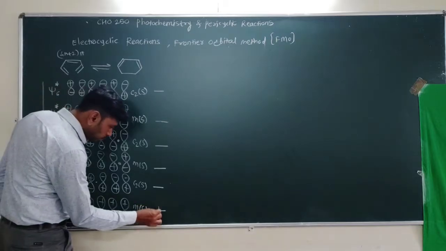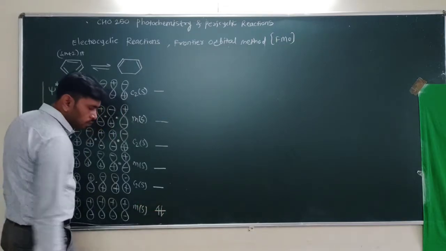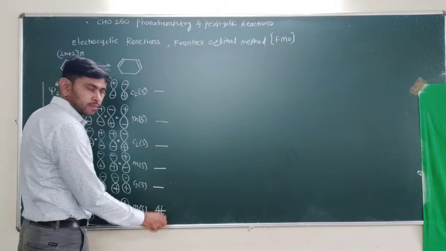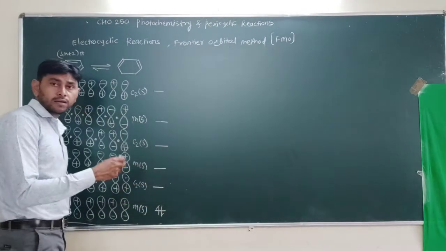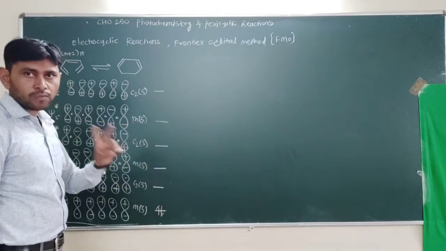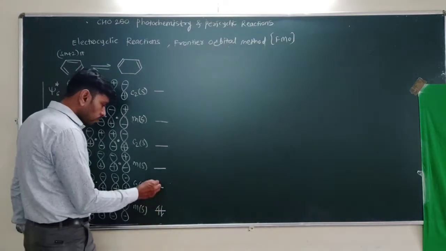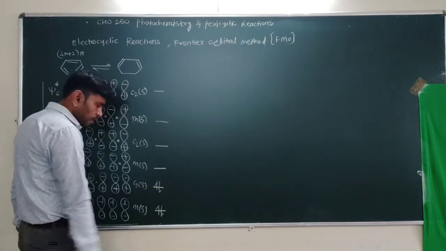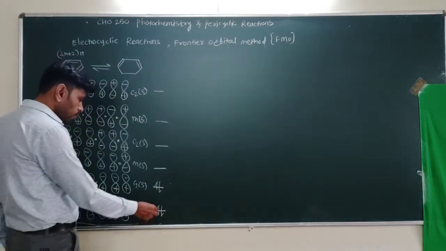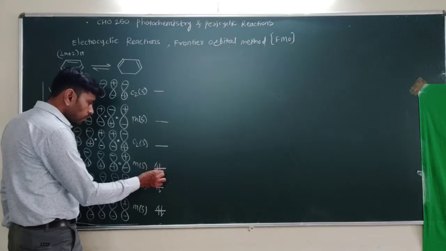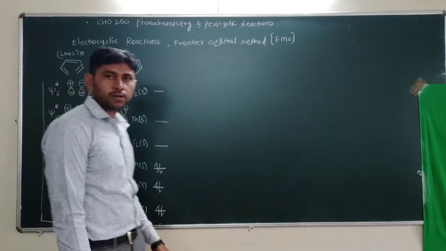So 6 electrons are distributed in the manner: 2 electrons in the first orbital. Each orbital, like atomic orbital, has capacity of 2 electrons only. So next 2 electrons go to higher energy orbital, and then again 2 electrons. So total 6 electrons are there.